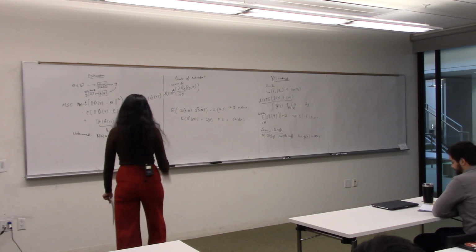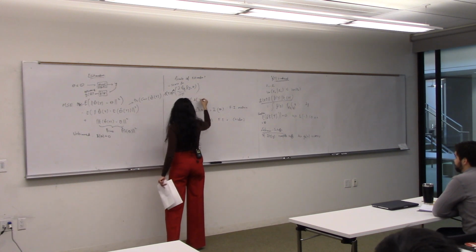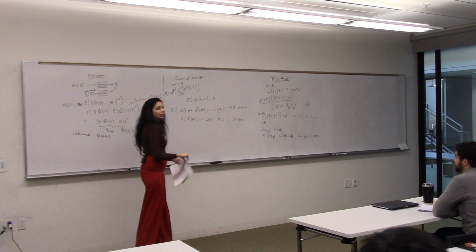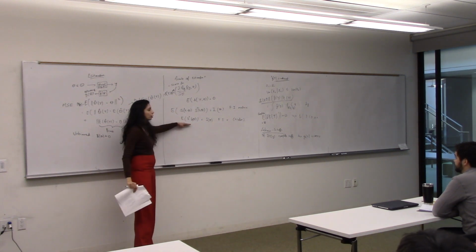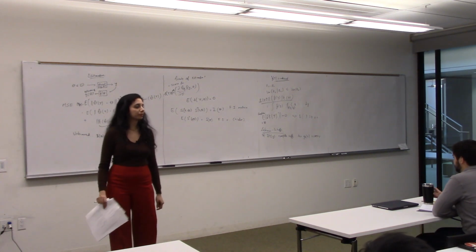So I have the score function. The expectation of the score function is 0. And then I'm looking at its second order moment or its variance, and that's called the Fisher information.